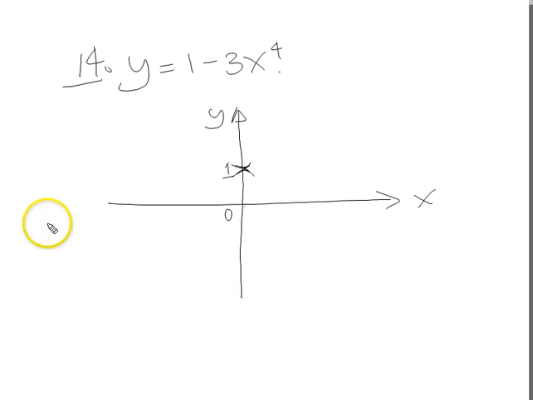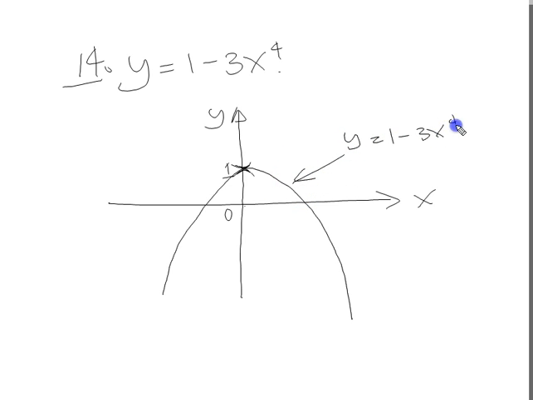Agreed? So let's draw it then. It's a positive slope, comes up to a turning point, and then it goes negative. That's it. That's the curve y equals 1 minus 3x to the 4. Great. Flattened out here.